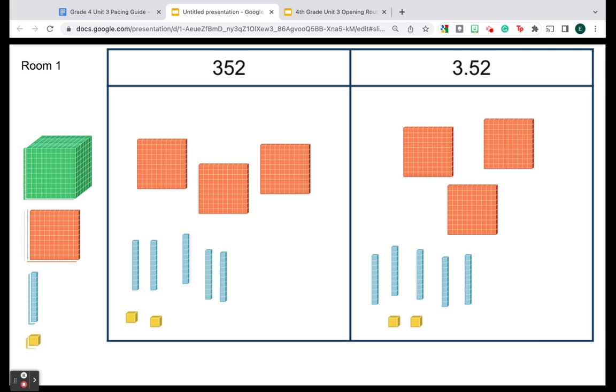So just think about how the same block can represent different values. What's important is not to say, oh, this is 100, but to say, this represents 100 because each of these little squares represents 1. Or this represents 1 because each of these little squares represents 100th.